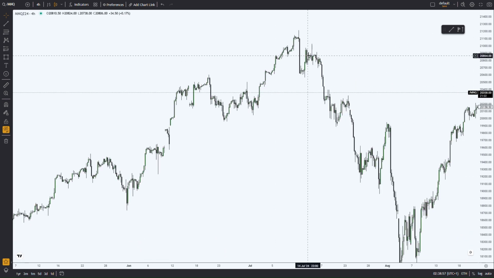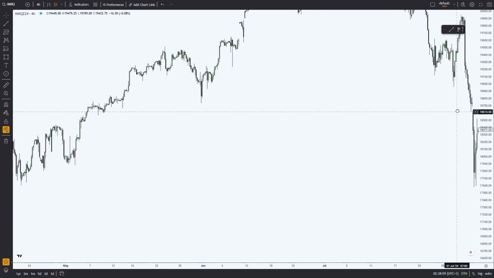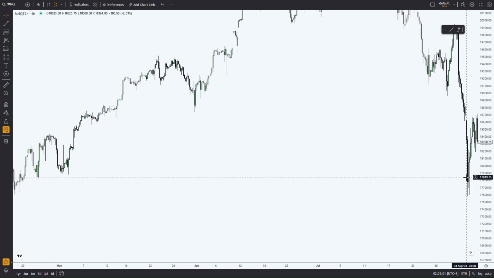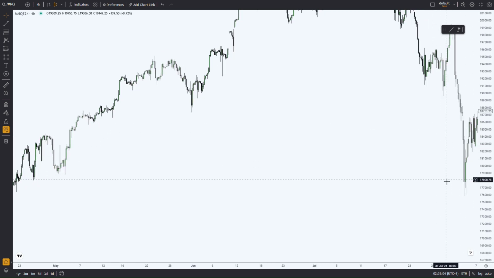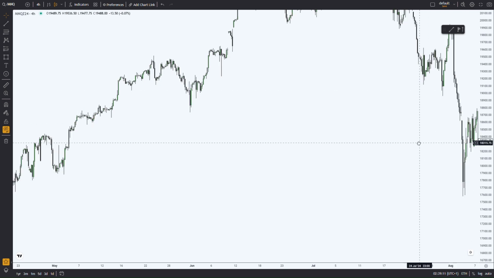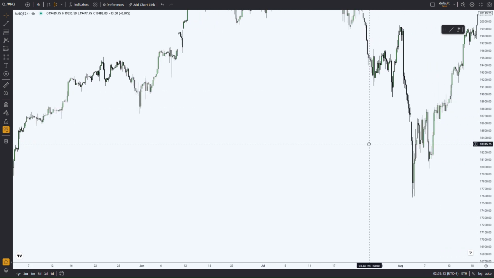That's why this happened. For example, price is dropping, and when we see something like this, price going up, which means it's gaining some momentum, gaining some power to go up, then you can wait for more confirmations.